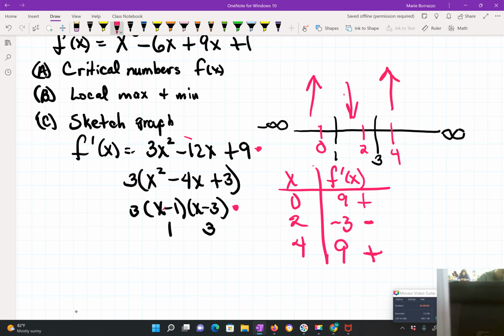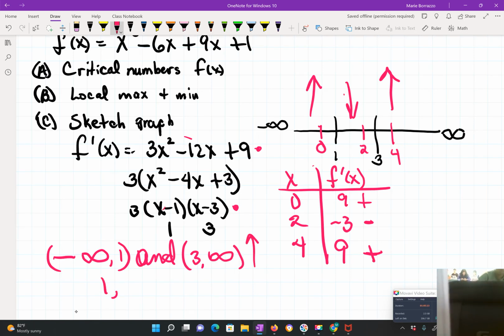So you would say from negative infinity to 1, and from 3 to positive infinity, it's increasing, right? And then you would argue that from 1 to 3, not inclusive, it's decreasing. That's it.